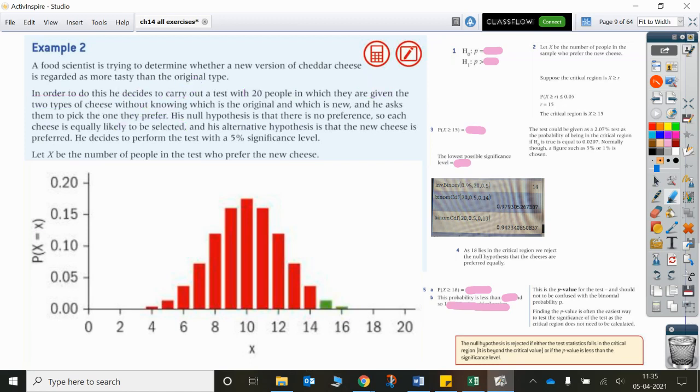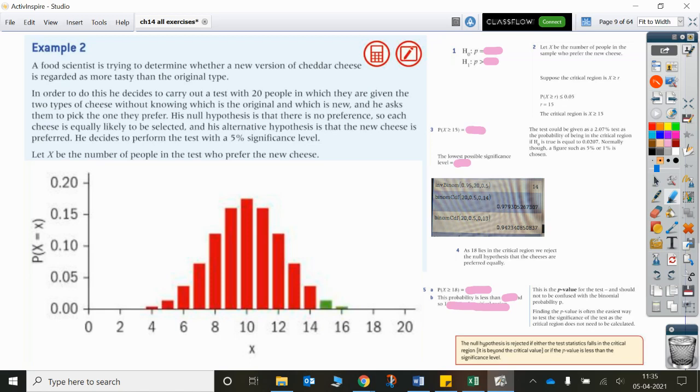Okay, so if there's basically no difference between the 2 cheeses, then you'd expect people to choose randomly between the 2 cheeses. They would choose 50% chance one cheese, 50% chance the new cheese.